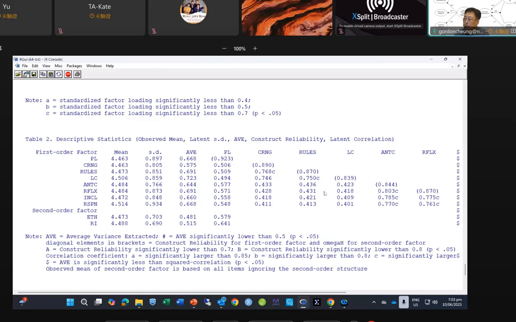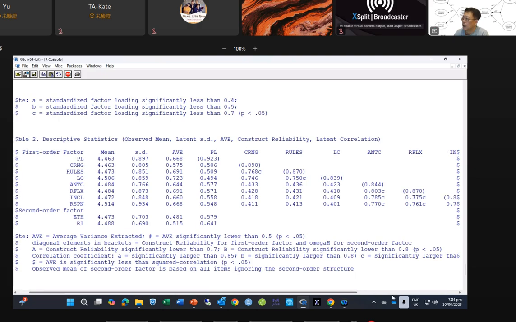Therefore, we don't worry about their discriminant validity because they are the dimensions of a second order factor. If the correlation is too low, you won't get a second order factor. So it is fine, although it shows that they may have minor issues with discriminant validity, they are the dimensions of a second order factor.